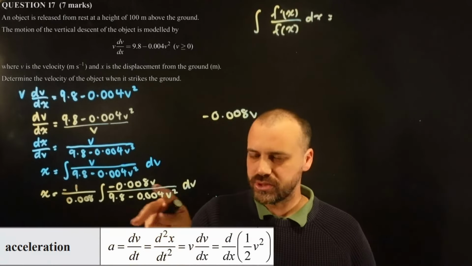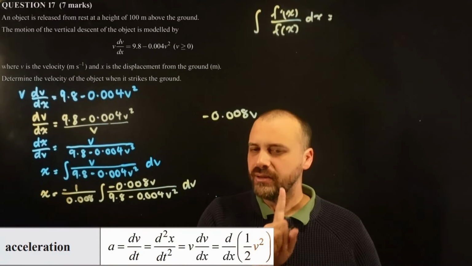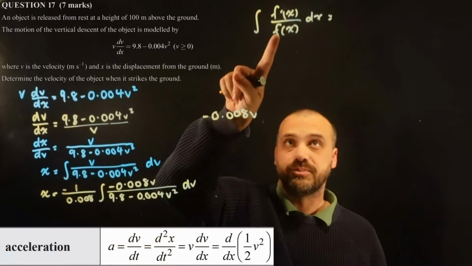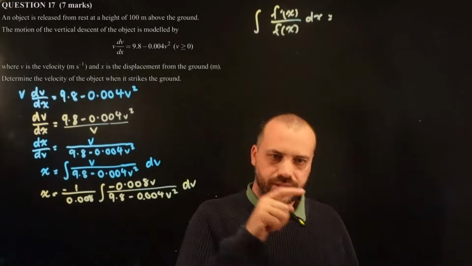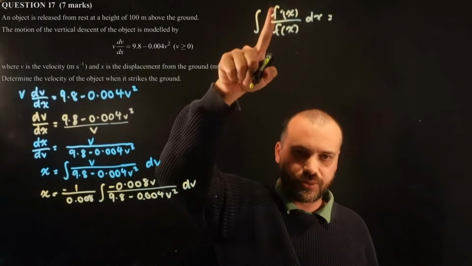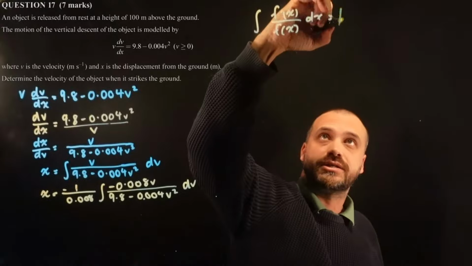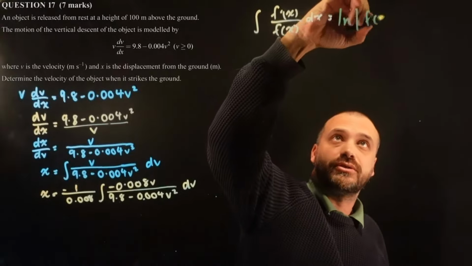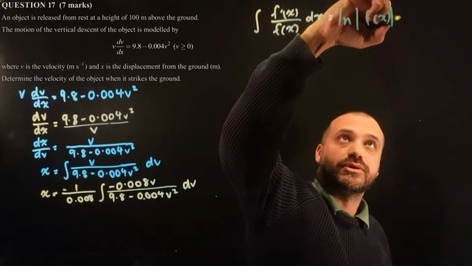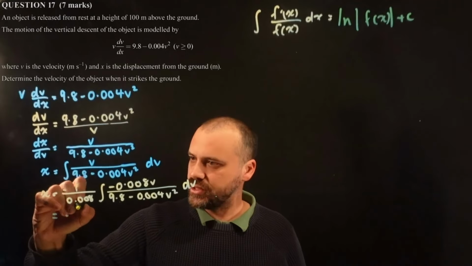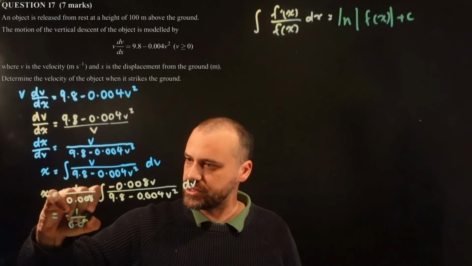So problem solved. I haven't changed anything at all, but I've changed the most important part of this, which is now this is behaving in this way. Now it is possible you're not familiar with what happens when you've got f dash of x over f of x. Very, very straightforward. It's ln absolute value f of x, and of course a nice little plus c on the end. So I've still got this negative 0.008 here.